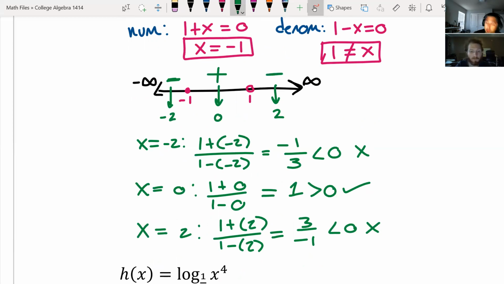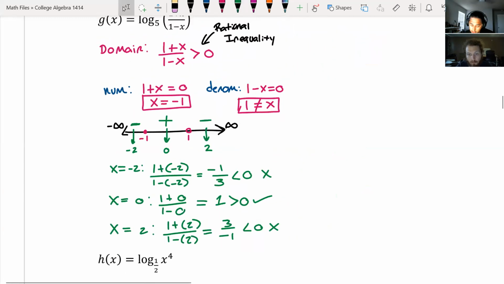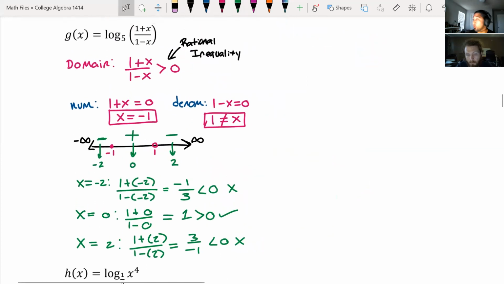So that means you are negative. Okay, so we were only looking for an interval of x that would be greater than 0. That would be positive. So what is my only interval here?